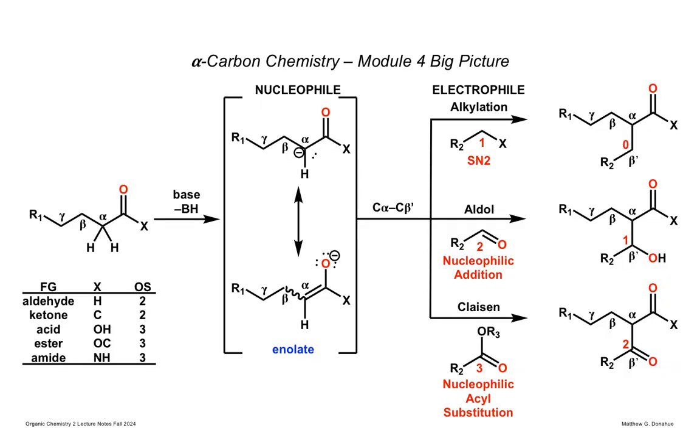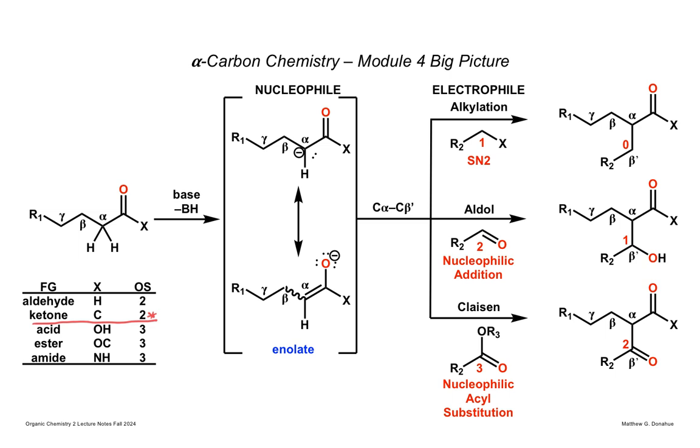So the big picture of this module is that we're learning how to make reactions originating from the alpha carbon. We spent the last couple modules talking about oxidation state 2 and 3 functional groups. With oxidation state 2, X is either H or carbon, so that's aldehyde or ketone.